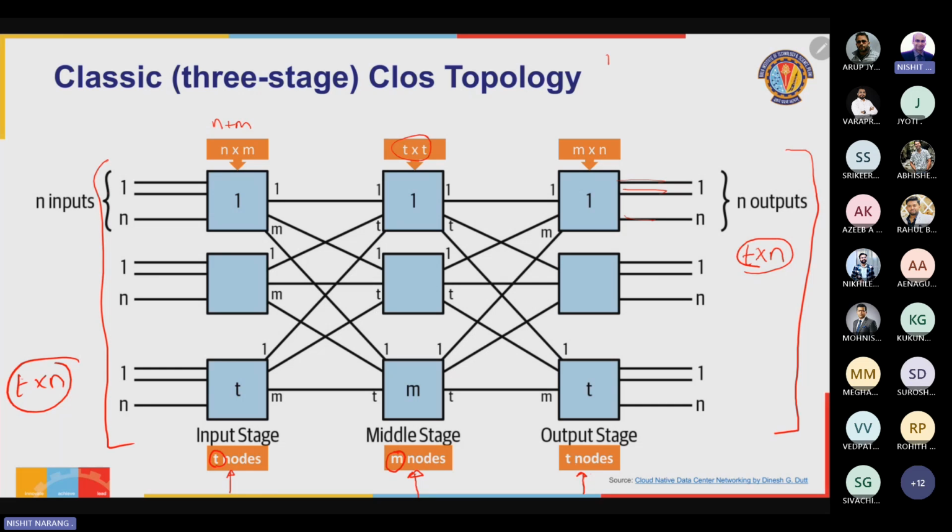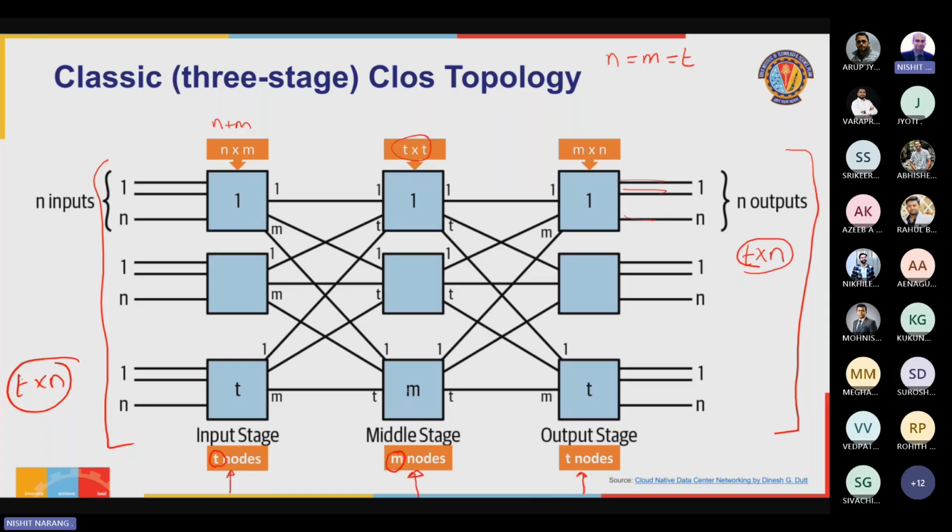I can set N equal to M equal to T, in which case I'm saying, okay, I have sufficient paths in the network to always have the maximum number of T cross N simultaneous calls ongoing. But because telephony networks are seldom 100% utilized, it's not that all of the T cross N inputs are trying to make calls to T cross N outputs at the same time.